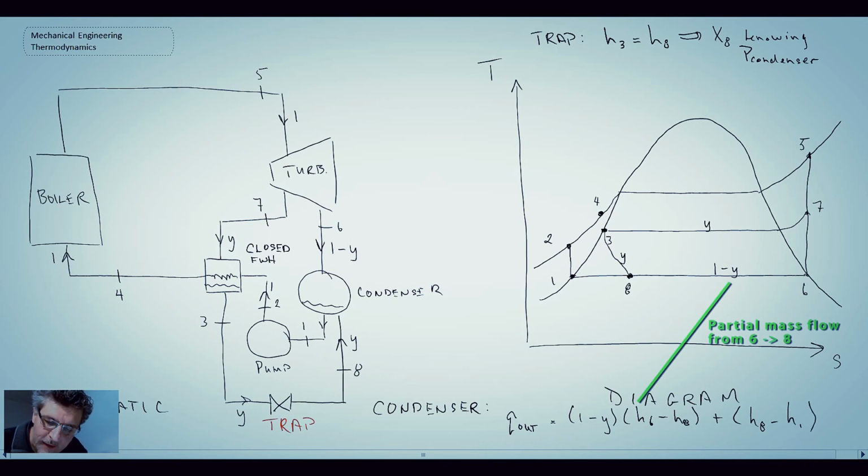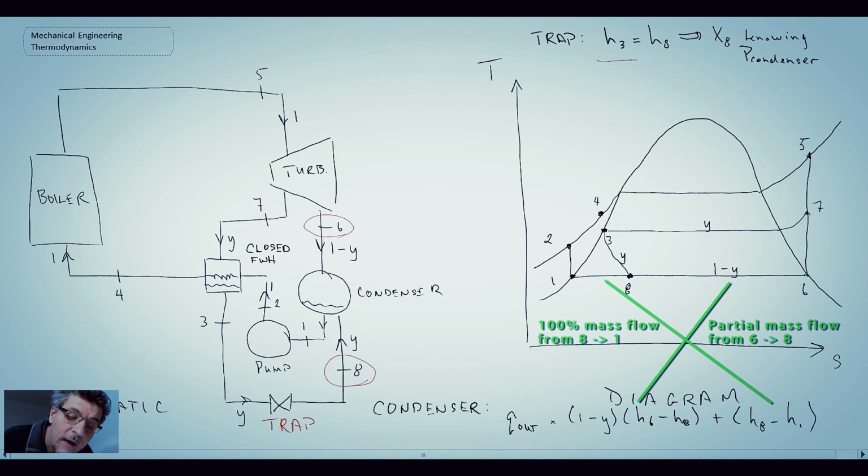So we would have that for Q out of the condenser, 1 minus Y times H6 minus H8, which is reflecting the change in this stream with this stream, and then plus H8 minus H1. So that would be the heat transfer out of the condenser. This is the way that we determine conditions through the trap.